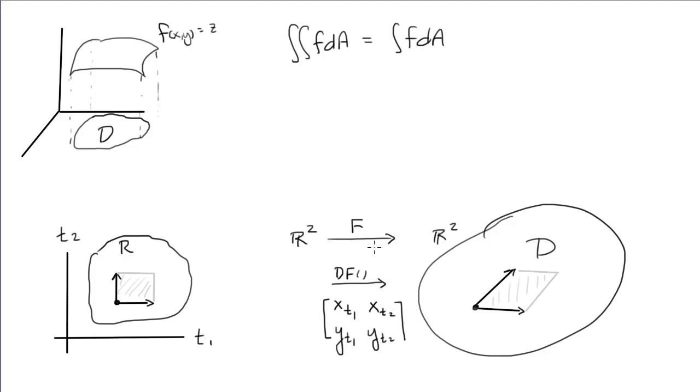Now, as before, we'll scale. So I just want a little chunk in each piece, which scales the output tangent vectors.